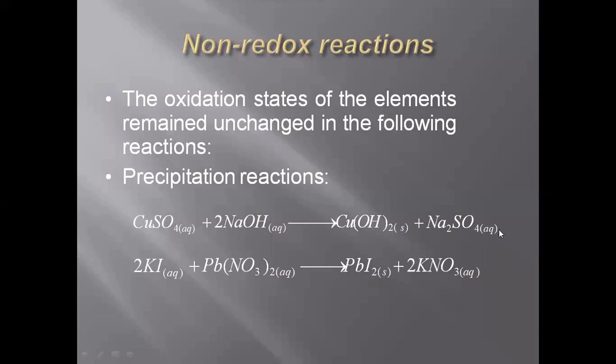And if some product is in gaseous state, the arrow will be the same, but the pointer will be on the upper side, which means the product is in gaseous state. When it's towards the bottom side, it shows the product is in precipitation state.